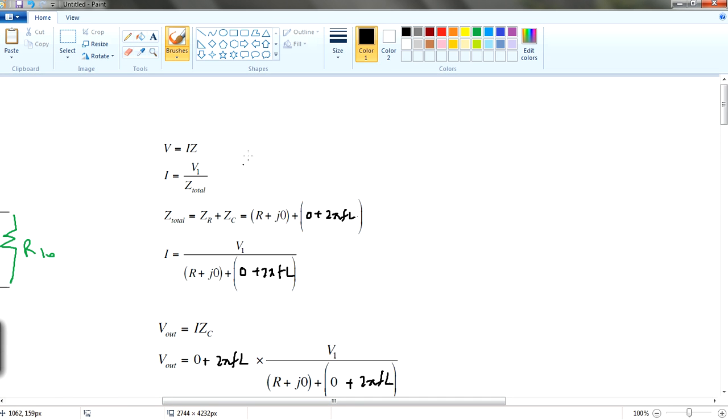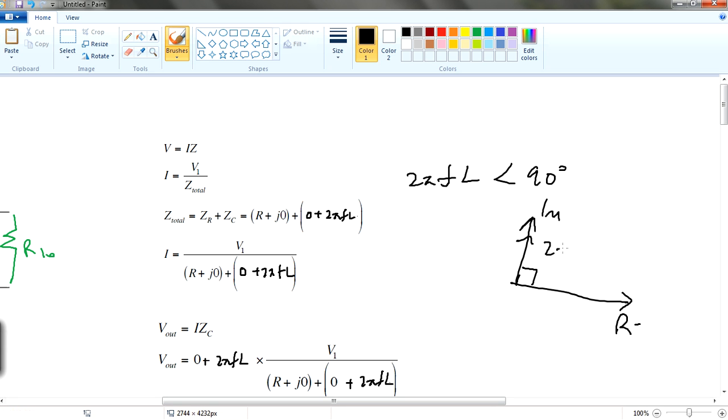Similarly, V is equal to IZ, so I is equal to V with the Z brought downwards, and then you can find your I. In this case the inductor is 2 pi FL, and its phase angle is 90 degrees, so it's a plus. It's imaginary, going in 90 degrees.